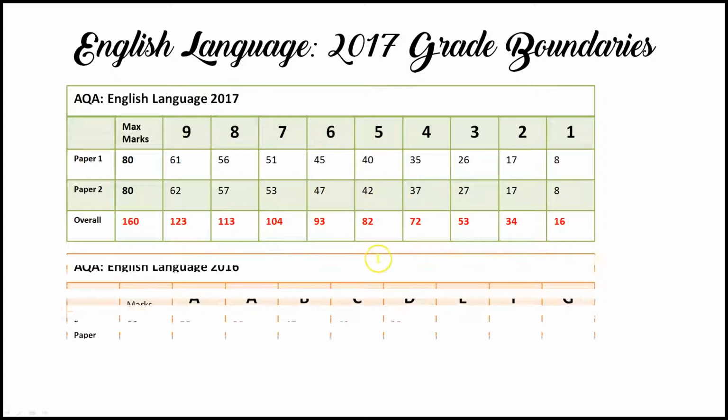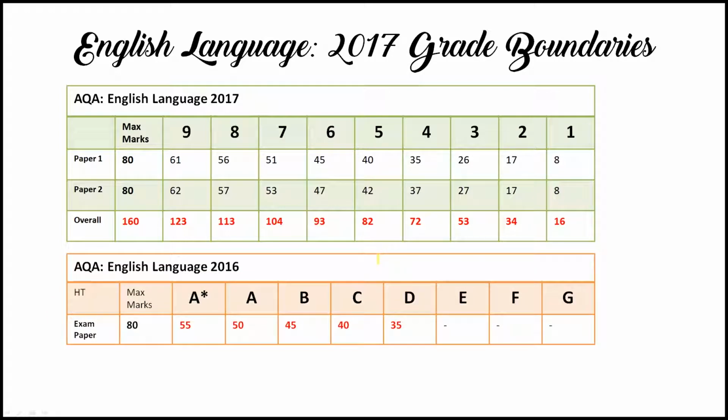When comparing to last year's grade boundaries, you can see that they are indeed very similar. Whereas last year you needed to get 40 to get a C, this year you also need 40, roughly or approximately 40 on each paper.